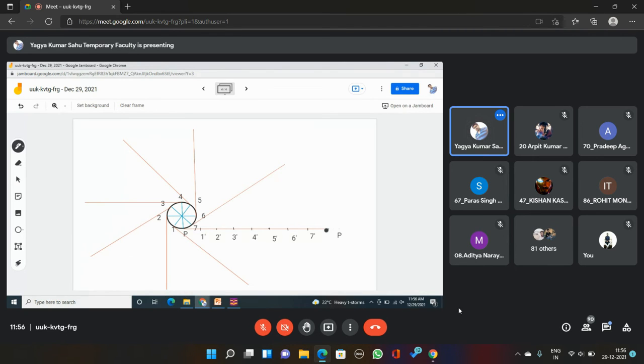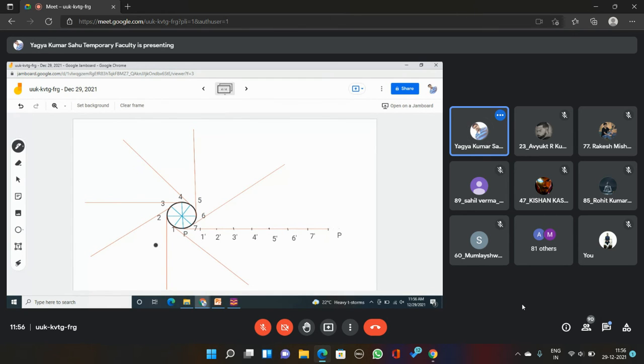Okay. Anyone? Yes or no? Yes, sir. Now, how will you get first point P1? What we can do here now? Now we have all the centers. We have all the tangents. We have divided this line PP for getting radius also.